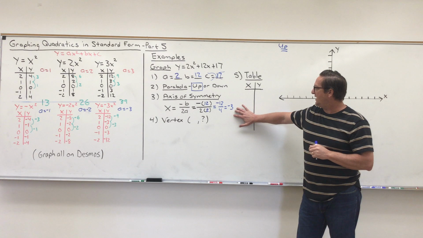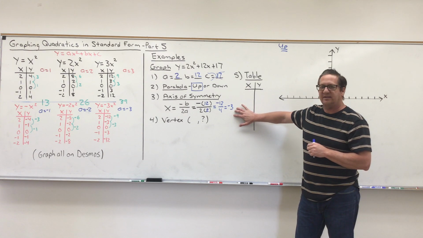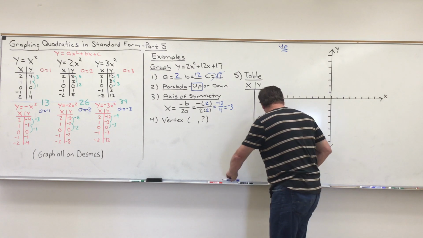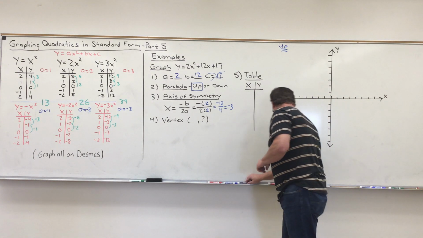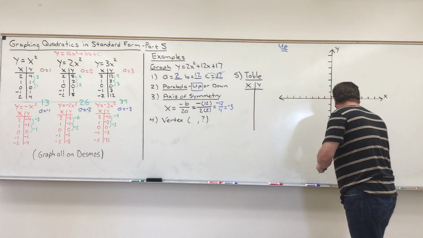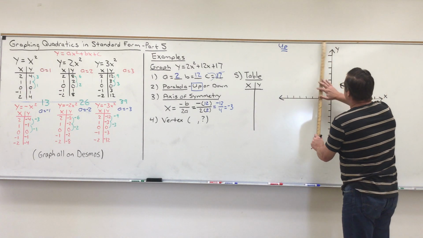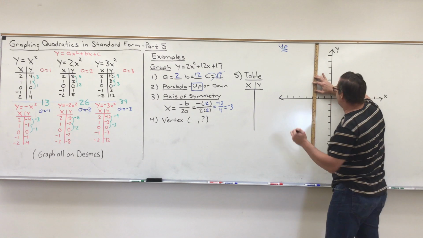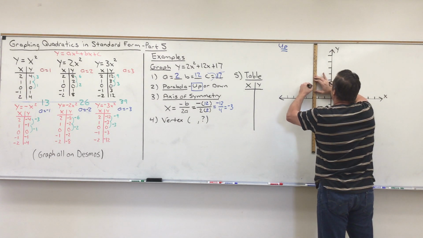And that means our x, our axis of symmetry, is x equals negative 3. X equals negative 3. And so what I'm going to do real quick is I'm going to make our axis of symmetry at negative 3.